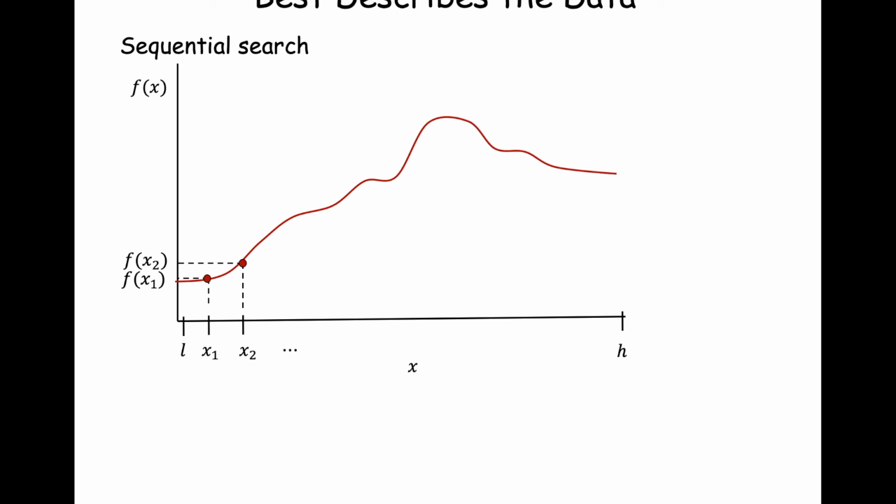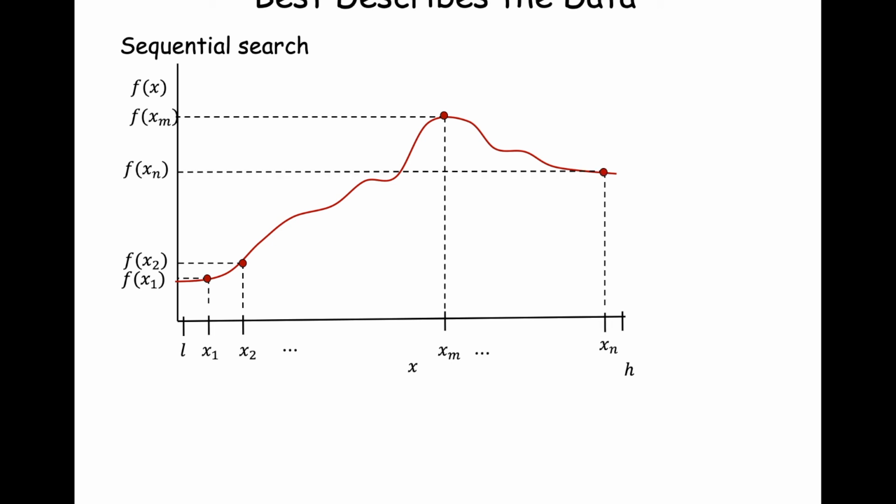So then we're going to try x3, x4, and so forth. At some point, we're going to evaluate for some xm where it achieves its maximum. We evaluate f of xm, we say, aha, that one is the biggest. And then we evaluate more and more and more up to including xn, and we find that xn does not improve, so we hold on to xm as that best feasible solution where we achieve the maximum.